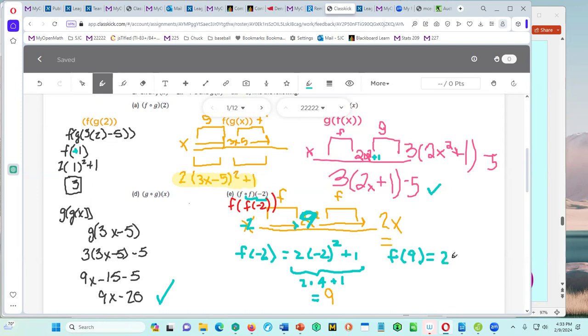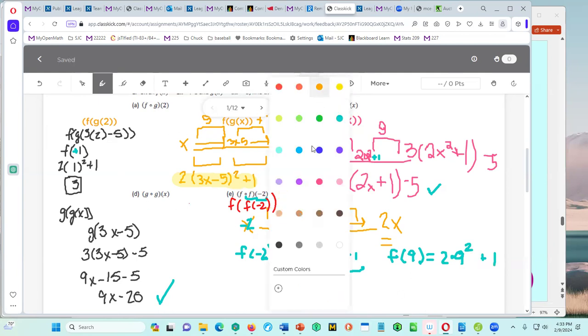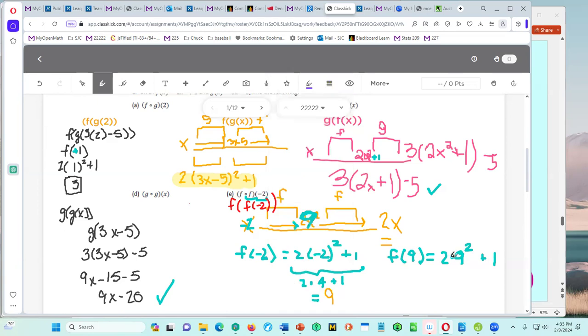So 2 times the square of 9 plus 1. Okay, you have to do the squaring before the multiplication, right?